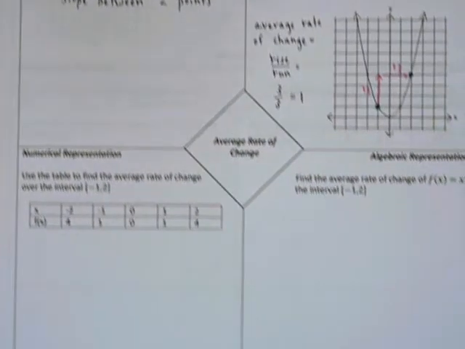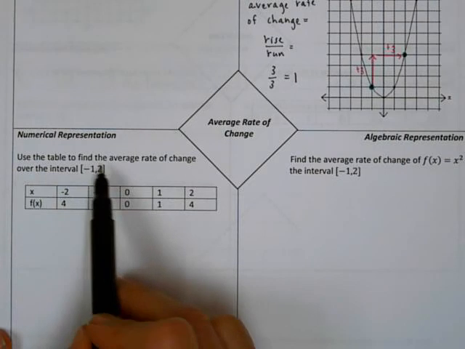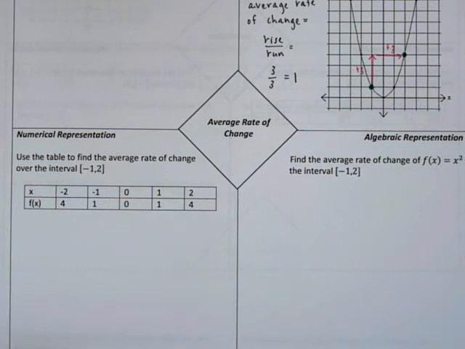Now let's go ahead and look at a numerical representation, or table. Again, the question is the same. Our question is to use the table to find the average rate of change over the interval from -1 to 2.